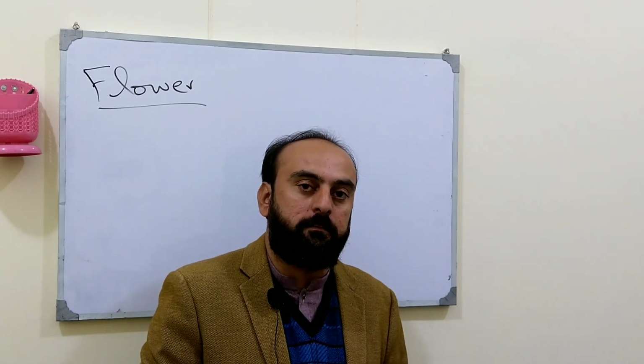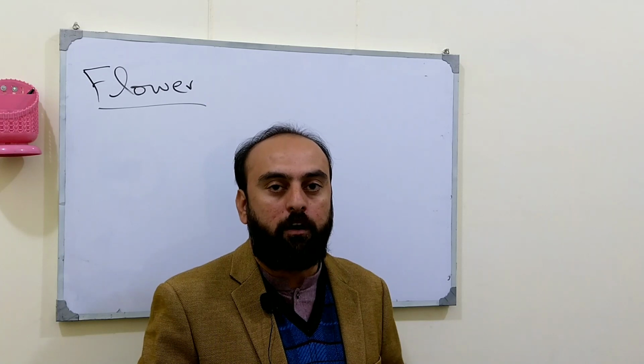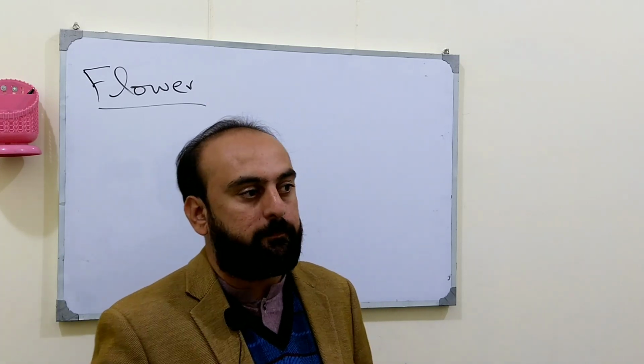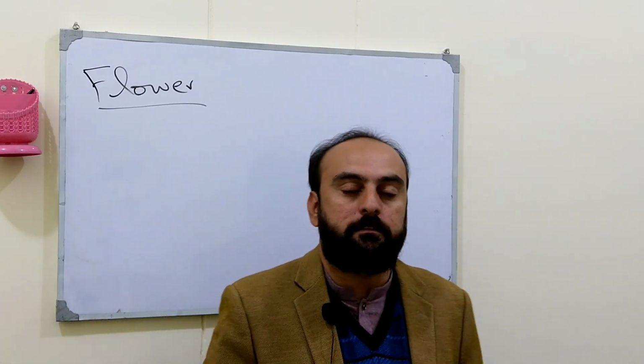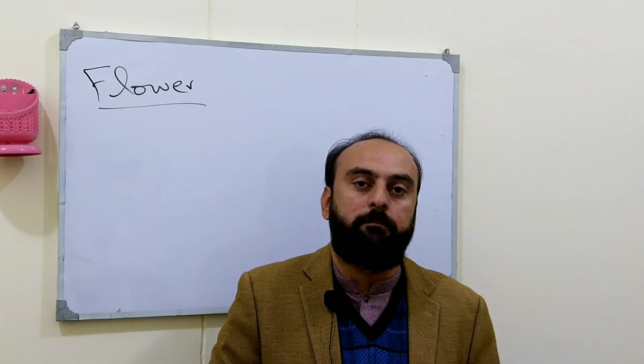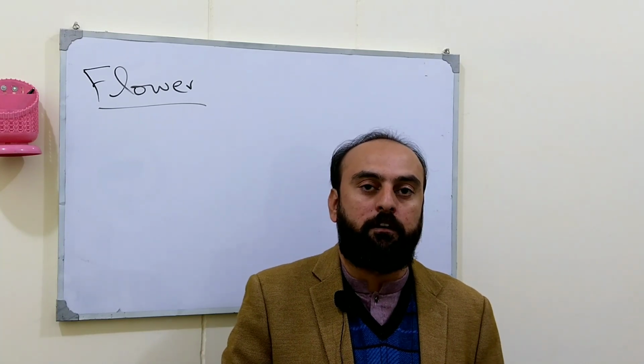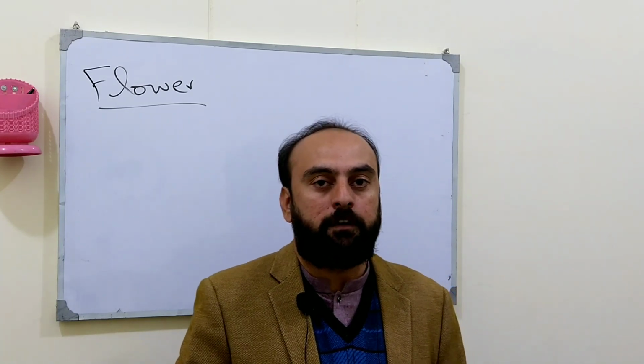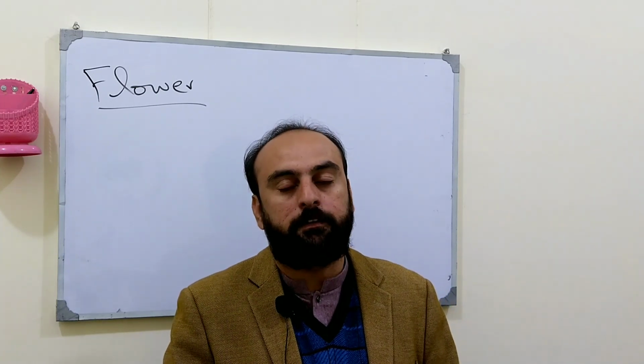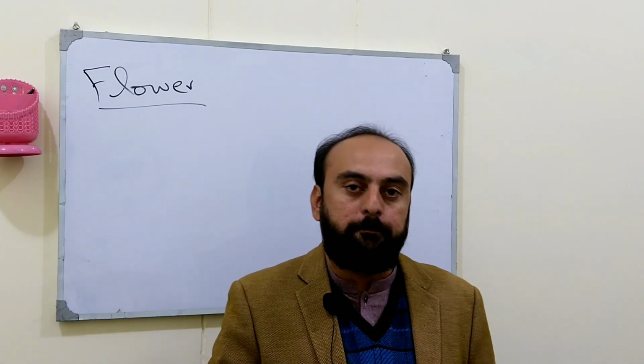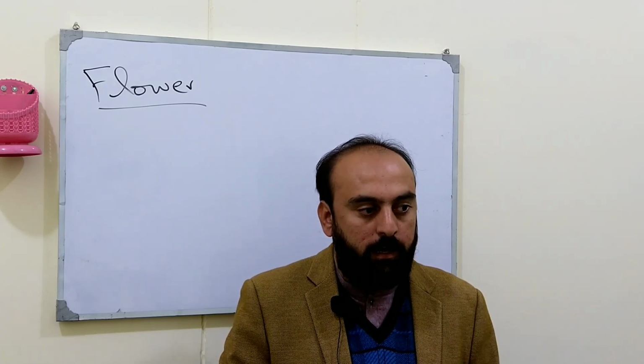So it lacks either male or female part. If it has the male reproductive part, then it is called a staminate flower, and if it has the female reproductive part, then it is called a pistillate flower.